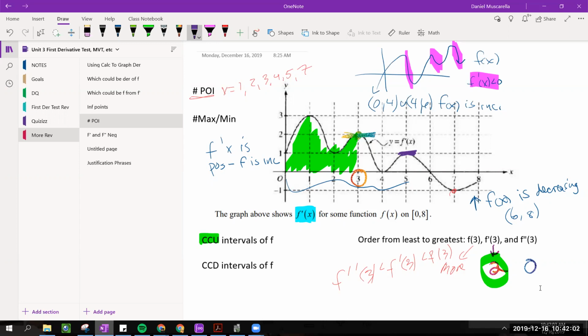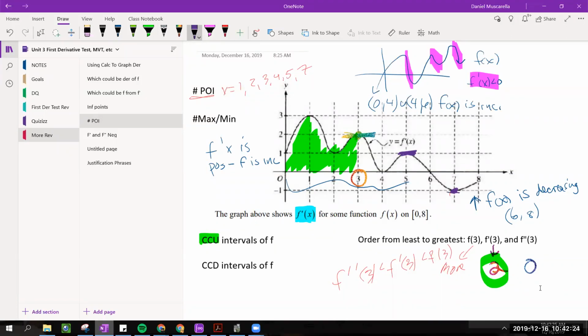All right. So the only way the first derivative would be less than the second derivative is if it was below the x-axis. Yeah, because say we were taking a look at 7 instead.